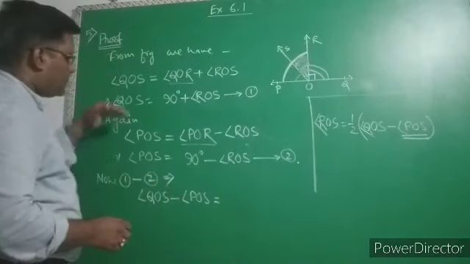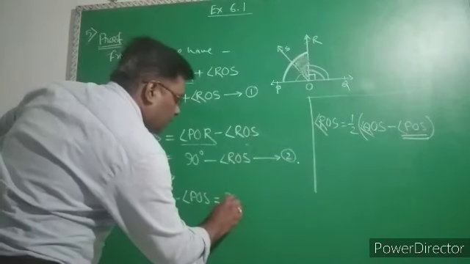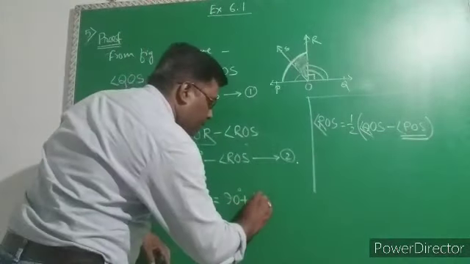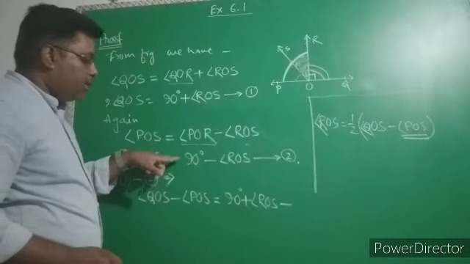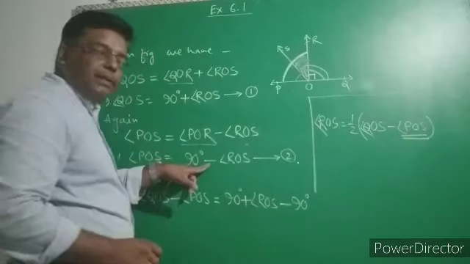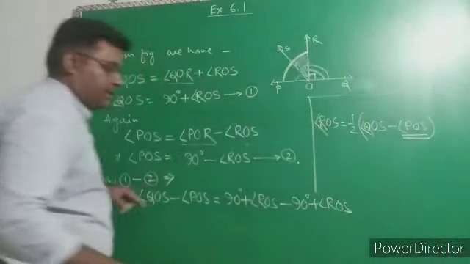So QOS minus POS is equal to, right hand side here is 90 degrees plus ROS, minus the right hand side of this, it is minus 90 degrees, and minus becomes plus angle ROS.